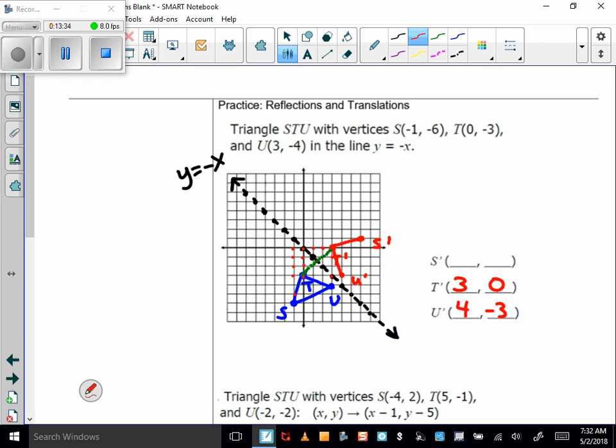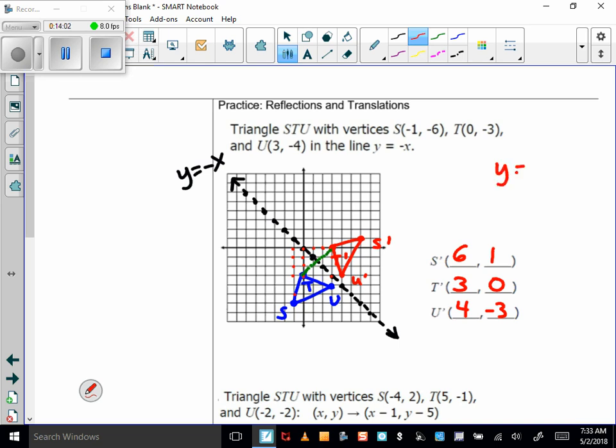And if you sketch in every one of the segments connecting the pre-image to the image, you will see that the line of reflection is the perpendicular bisector for each one. What are the coordinates for S prime? 6, 1, I believe. 1, 2, 3, 4, 5, 6, 1. Yes, 6, 1.